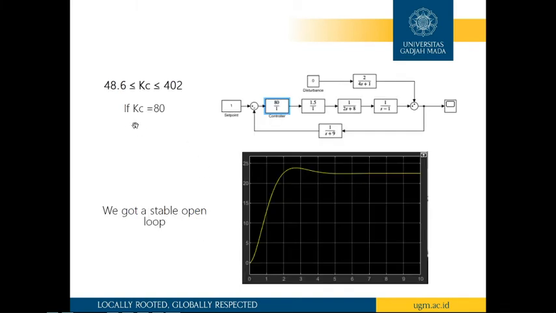Let's take an example. If we change Kc to 80, then we make the block diagram, change the controller number from 1 to 80, and run the Simulink. Then we got a stable open loop.